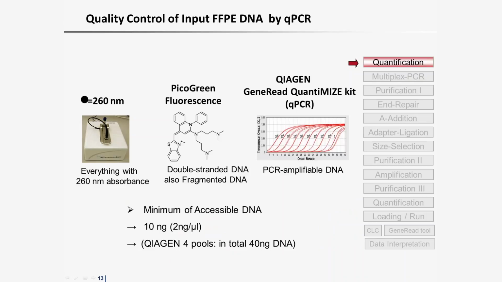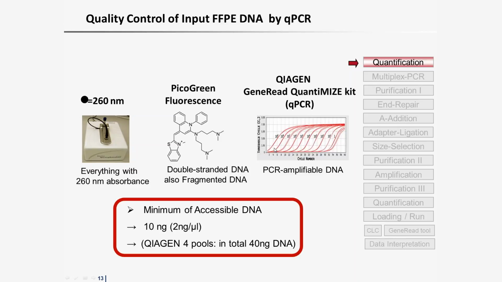So, due to the fragmentation and the different quality of DNA from formalin-fixed material, we highly recommend to quantify input DNA not by absorbance measurements, in which you measure everything which absorbs at 260 nanometer, and also not by fluorescence measurements, by which the quality of DNA is not considered, but by quantitative PCR in which you determine the PCR accessible DNA, and that might be in particular important when you establish a new target panel or for a certain tumor set.